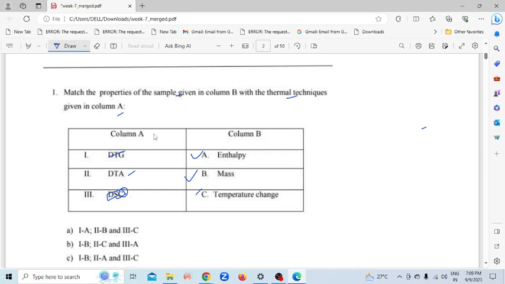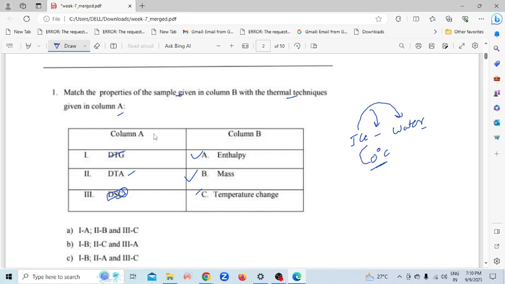Enthalpy means how much energy is required, suppose, for melting. Suppose ice is melting in water. It requires some energy, na? If you keep increasing the temperature, your system will remain at 0 degrees centigrade while the ice is converting into water.